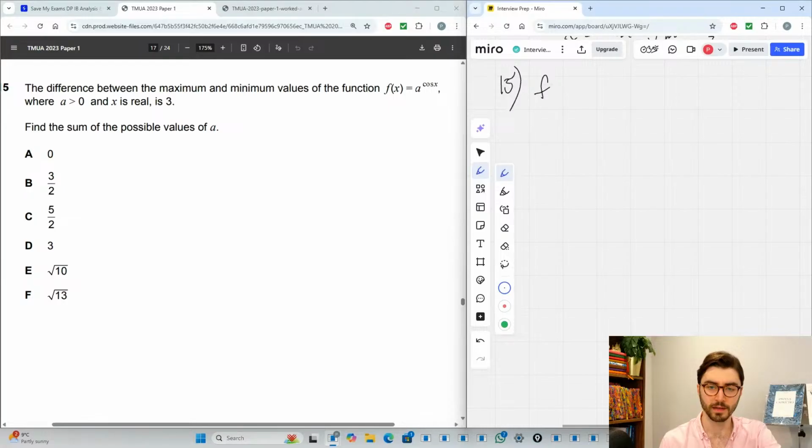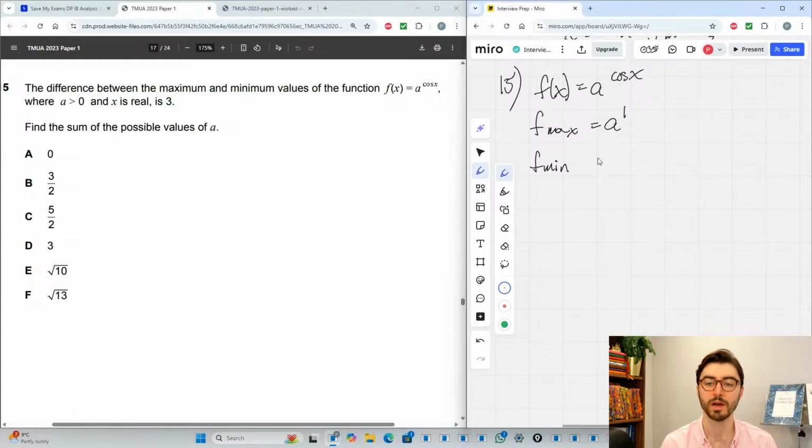Okay, so f of x is a to the cos x. I don't think you'd be asked to differentiate this, but we know that the maximum value that cos can take is 1. And the minimum value, so a is bigger than 0, and so it's positive. I mean, granted, I don't know that a isn't a fraction.